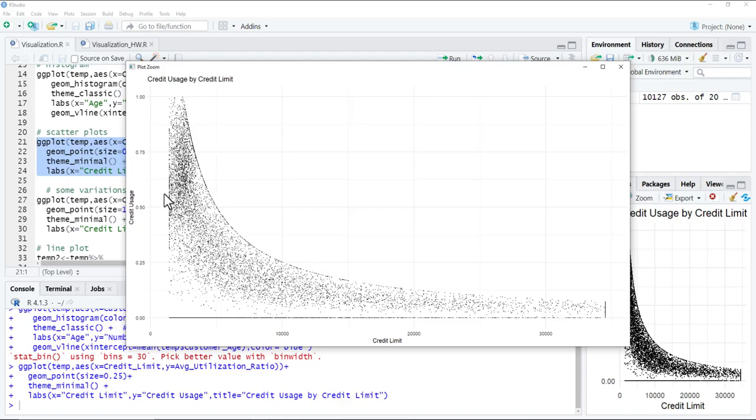So these ones right here, the bulk of the distribution, note it's a little darker in this part of the graph. And these ones have low credit limits and use a lot of their credit available. So it's sort of an interesting shape. We don't have those that have higher and higher credit limits actually using a large amount of those credit limits.